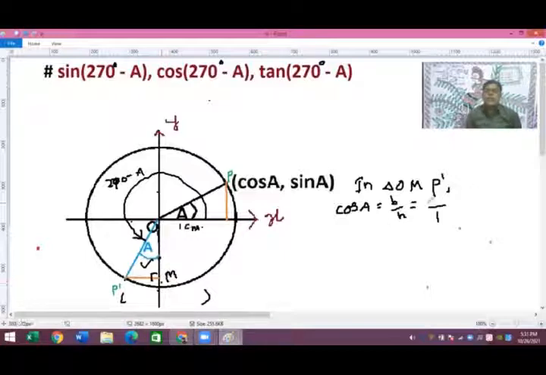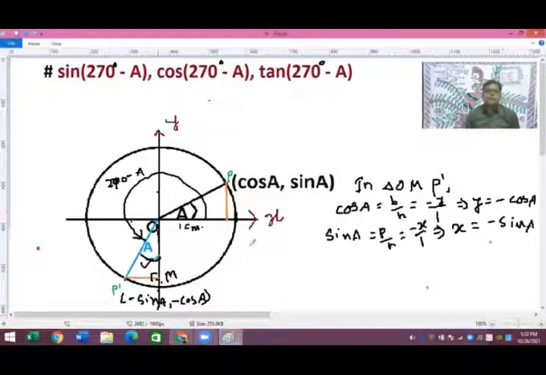So what you can write here is minus y. So the y coordinate, after taking minus to the other side, is minus cos A. All right, y coordinate.